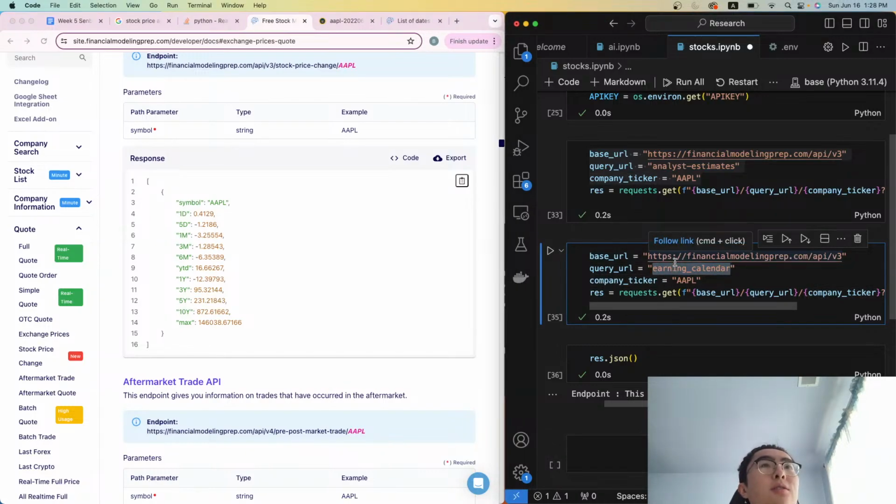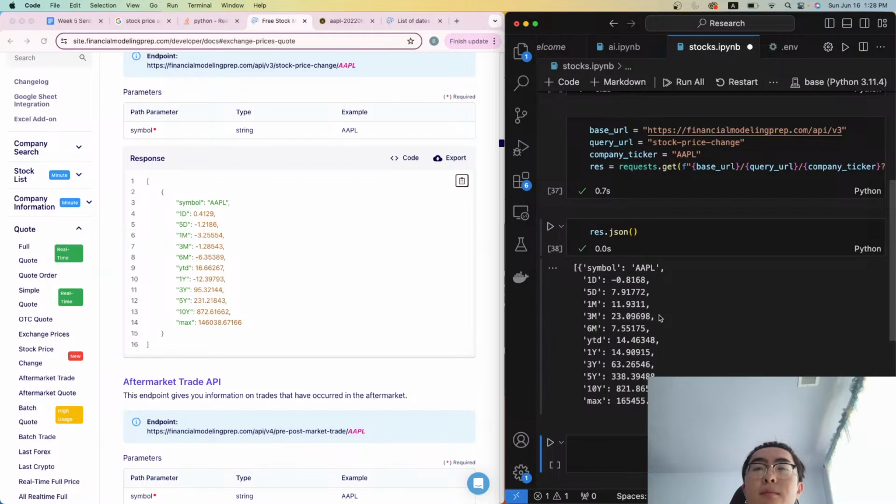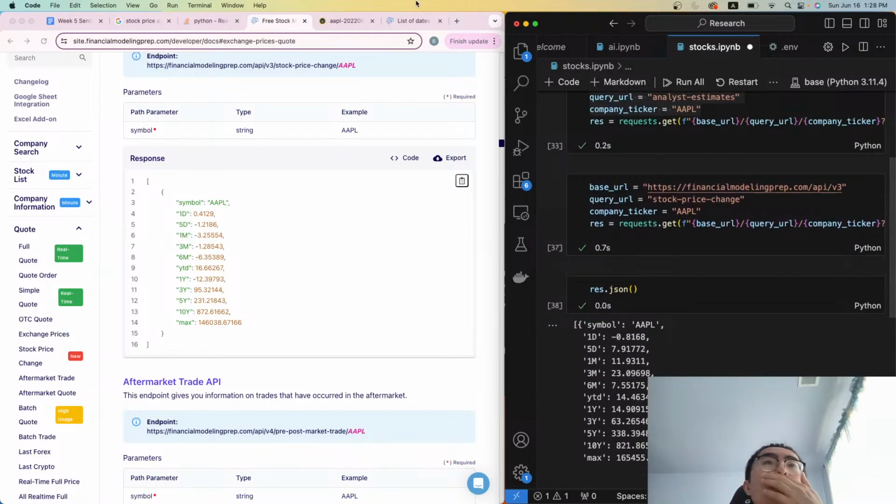Because maybe we could do this. So stock price change. I think this is probably, take a look.